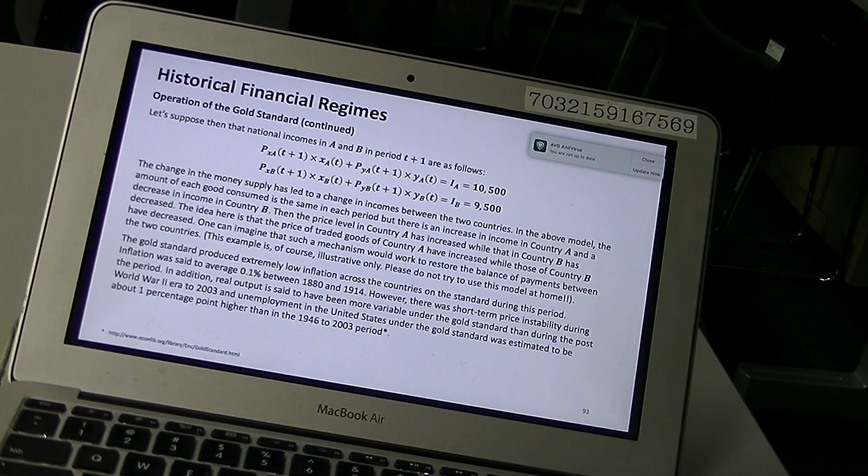But let's say that the price level in country A increases while the price level in country B decreases. Because the currencies are all fixed, the prices change. That means in country A the prices go up, in country B the prices go down.